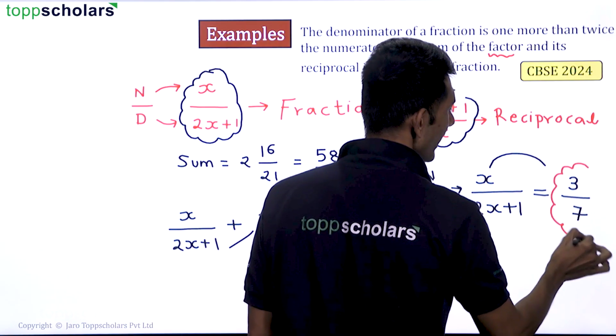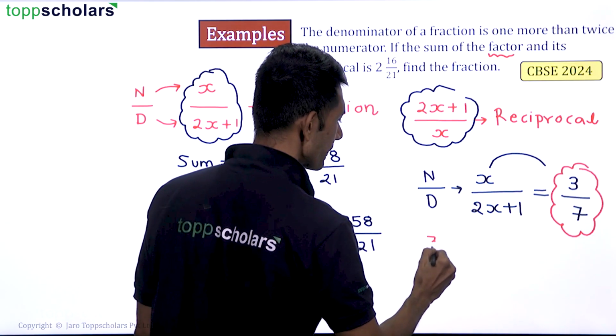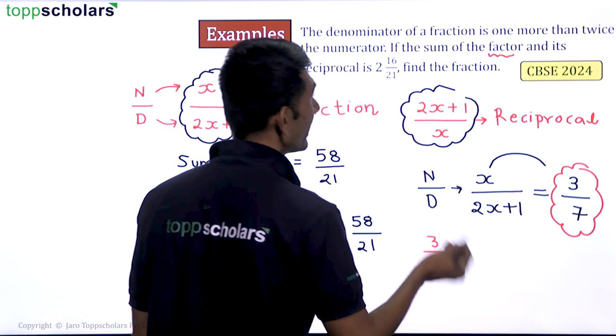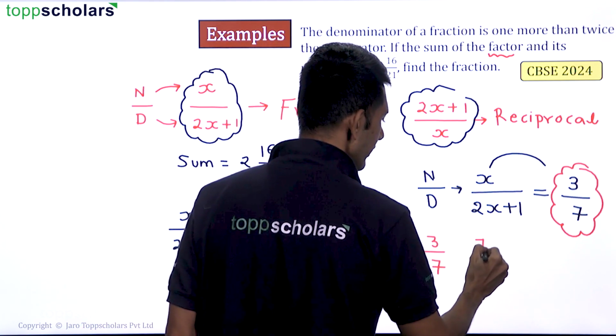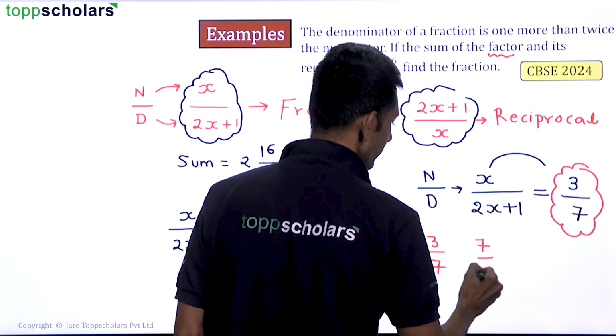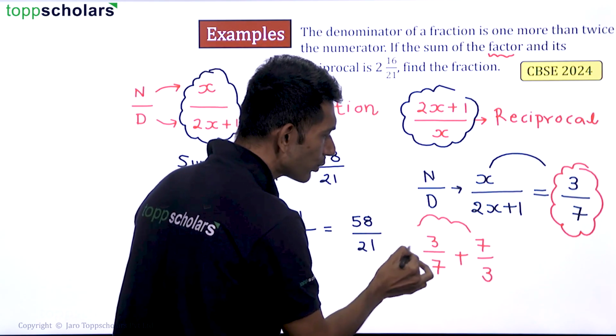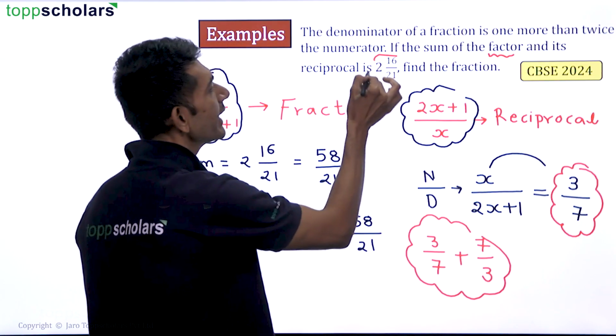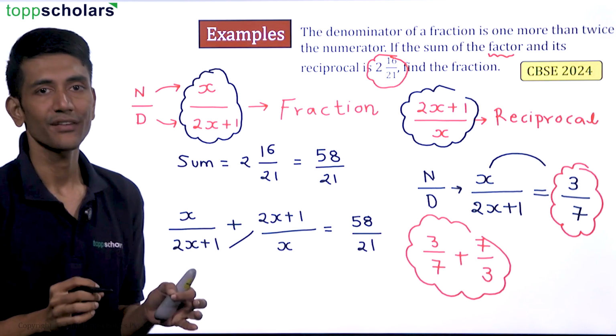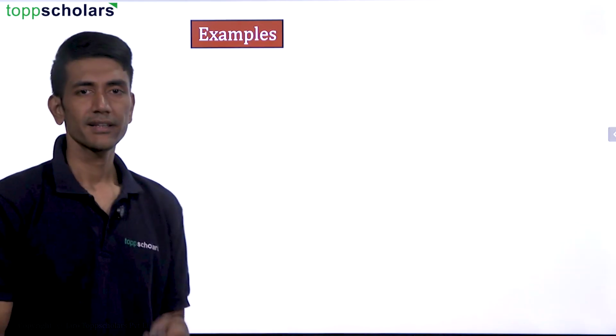So my original fraction is 3/7. My reciprocal is 7/3. And if you add both of these, you are going to get 58/21, right? Let us see a new question now.